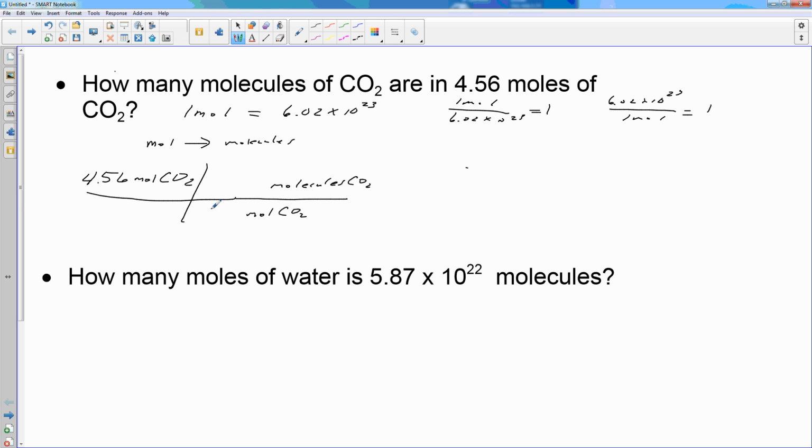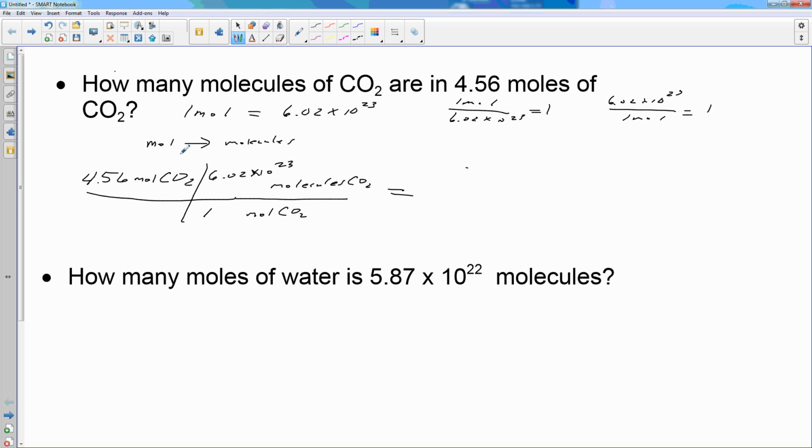So we know that 1 mole is going to be equal to 6.02 times 10 to the 23rd. And so we have now found how many molecules. We're at molecules of CO2, so we know to stop right there. We don't need to go any further with our bracket.